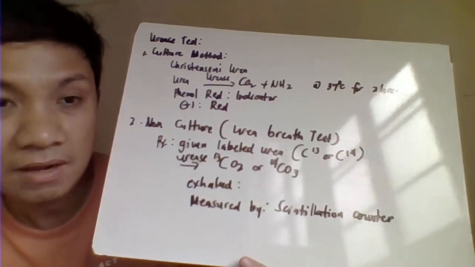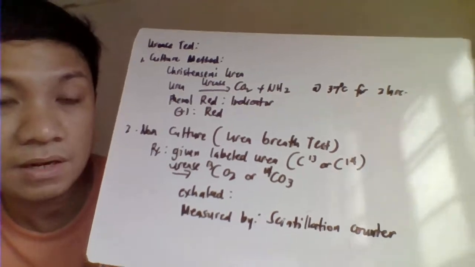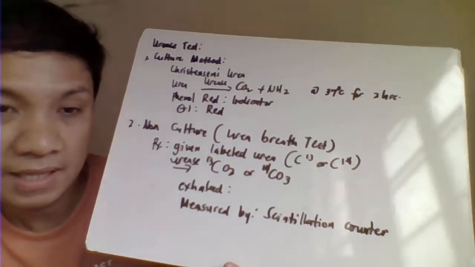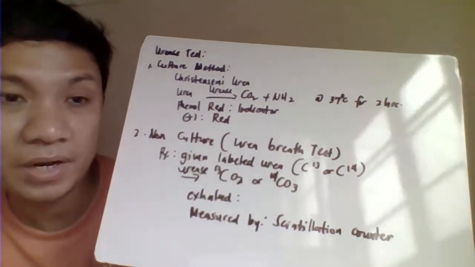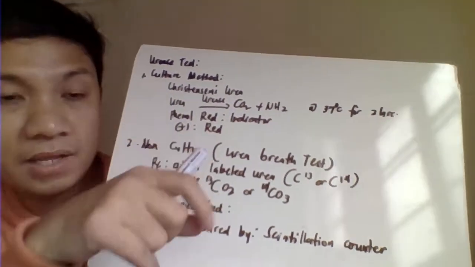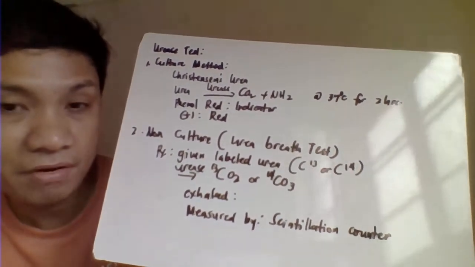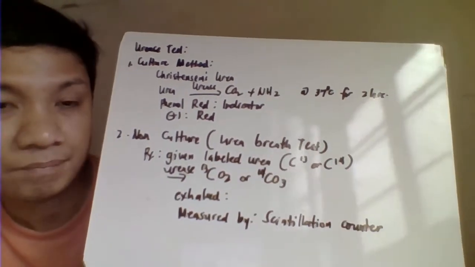If your bacteria contains the enzyme urease, it will be converting your urea to your carbon dioxide and ammonia. Indicator for that, we have your phenol red, and the red is a positive color for that. So after you add your inoculum with your Christensen's urea, you incubate at 37 for 2 hours and observe here for the red or pink color.